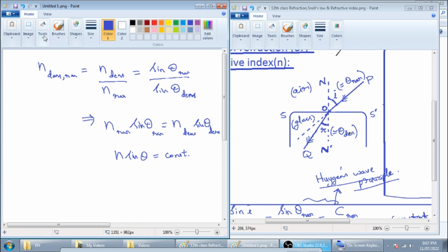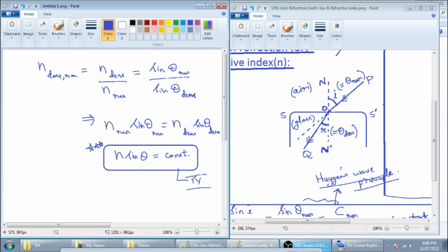This is taken as the final form of Snell's law of refraction, the simplified form, which is practically very useful.